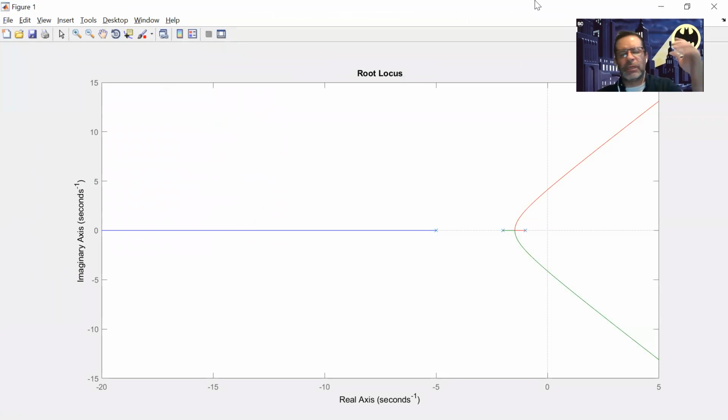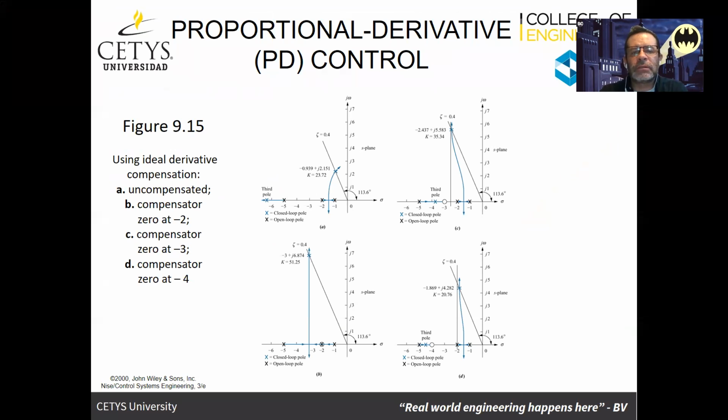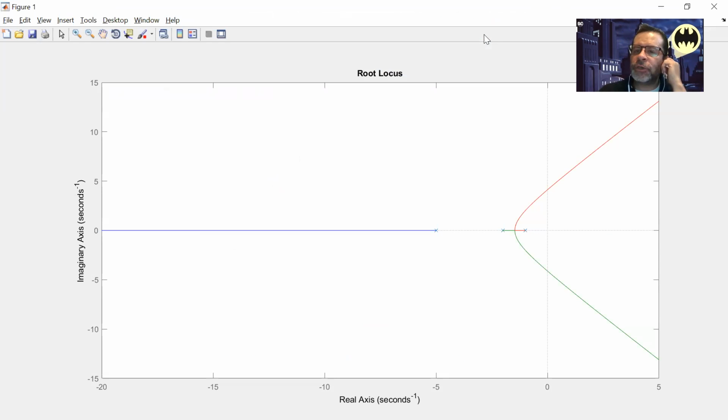This is the root locus of the uncompensated system. This is the same as I was showing in the PowerPoint, just that this is the MATLAB, maybe prettier version, but it's the same one. And I want to show you something here in MATLAB. Remember that we can walk along and look at values, so we can look at the damping and the overshoot. The damping and the overshoot are related.